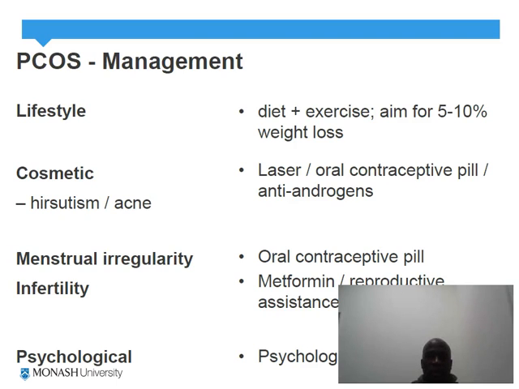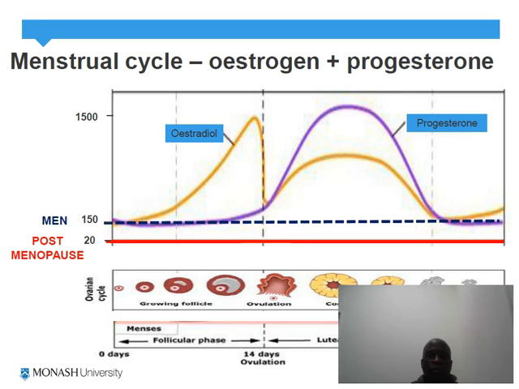It's a drug that is used for conception. And psychological, you need a psychologist if you are going through PCOS, because it can actually destroy your mood, your self-confidence, self-esteem.